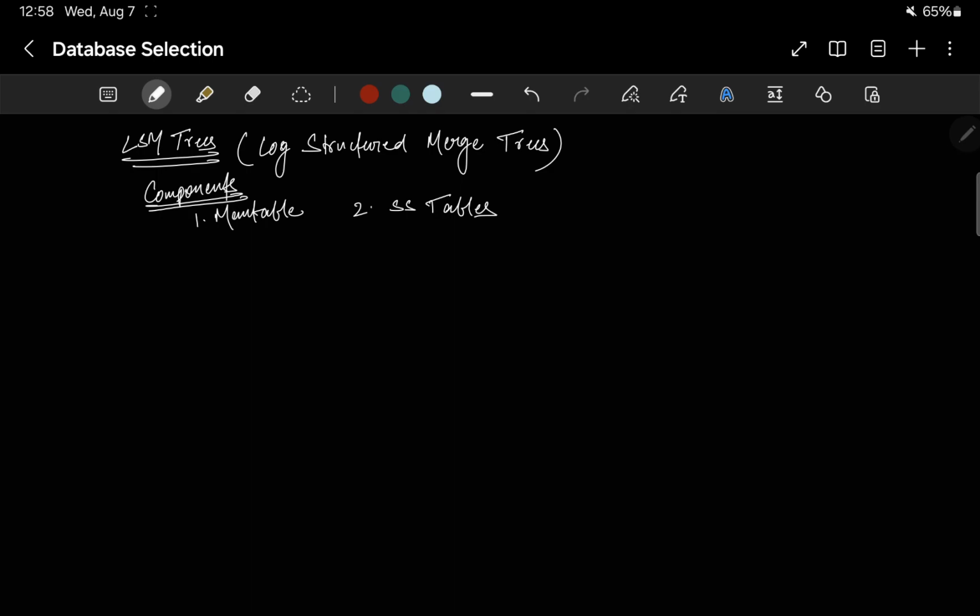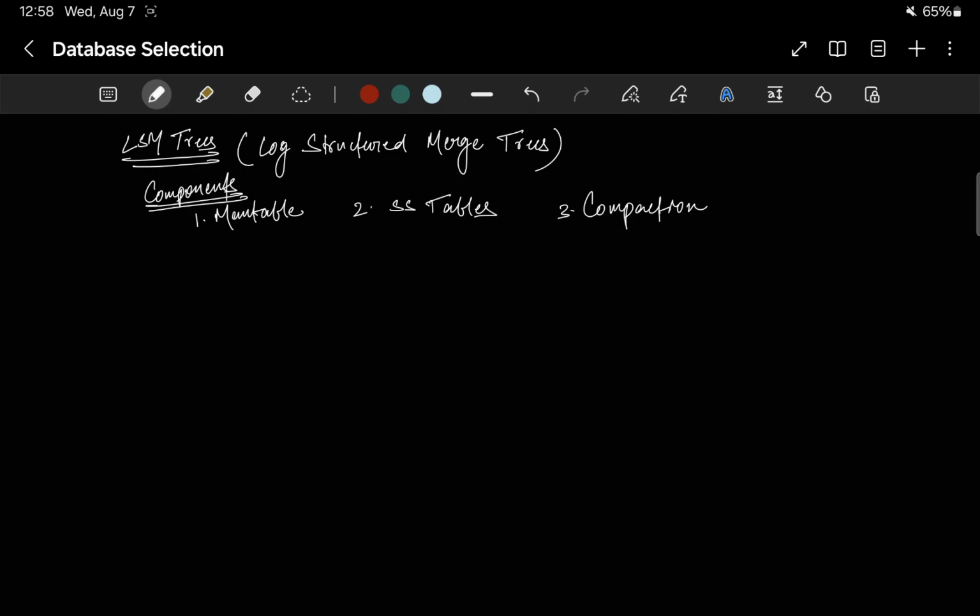SS tables is sorted string tables. This is immutable on-disk storage that contains sorted key value pairs. SS tables ensure durability and are organized for efficient range queries. And next is compaction. The process of merging SS tables to enhance read efficiency and maintain optimal performance. Compaction helps manage disk space usage.